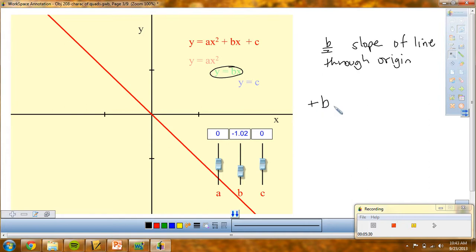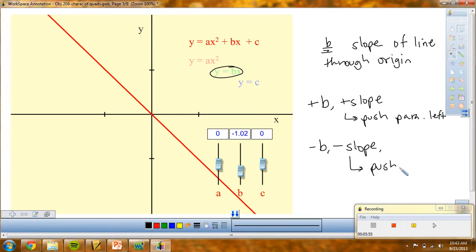A positive b is going to be a positive slope, which typically pushes our parabola to the left, and a negative b gives us a negative slope, and that pushes the parabola right.